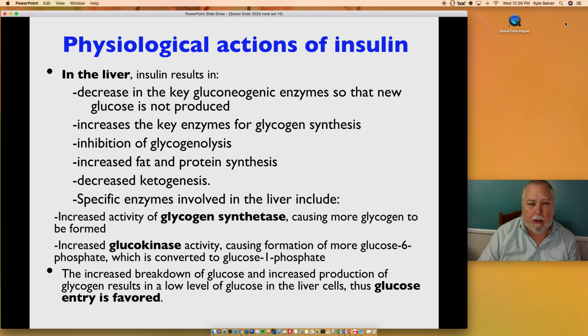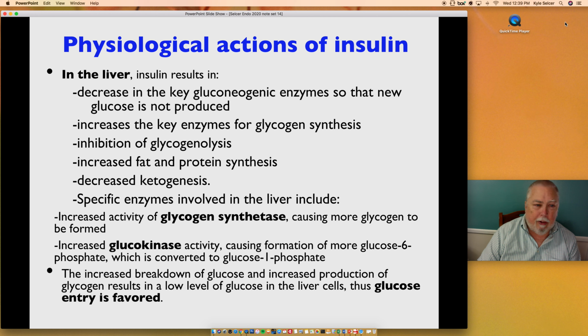It increases the key enzymes to make glycogen. So you've got to get that glucose converted, you have to phosphorylate it to make glycogen. And so there's one enzyme called glycogen synthase that's important in that. And then it inhibits glycogenolysis, which is the breakdown of glycogen. You don't want to break down glycogen while you're making glycogen, so it shuts that down.